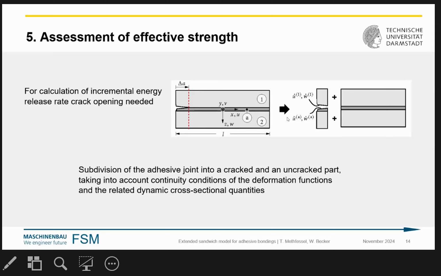Namely, there we have to include also a possible separation of the layers. So we have to introduce this additional crack opening. But this can be done in the same manner. And then you have to couple both regions by continuity conditions, which is standard work that can be done.